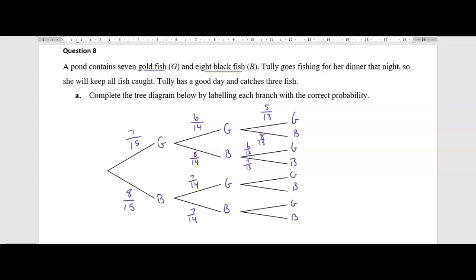And then, well, then I know that will have to be over 13. Okay, so we've got now 6 gold and 7. And then at the bottom, we've gone down 1, so 6 over 13. Sorry, that should be a 7 over 13 there.